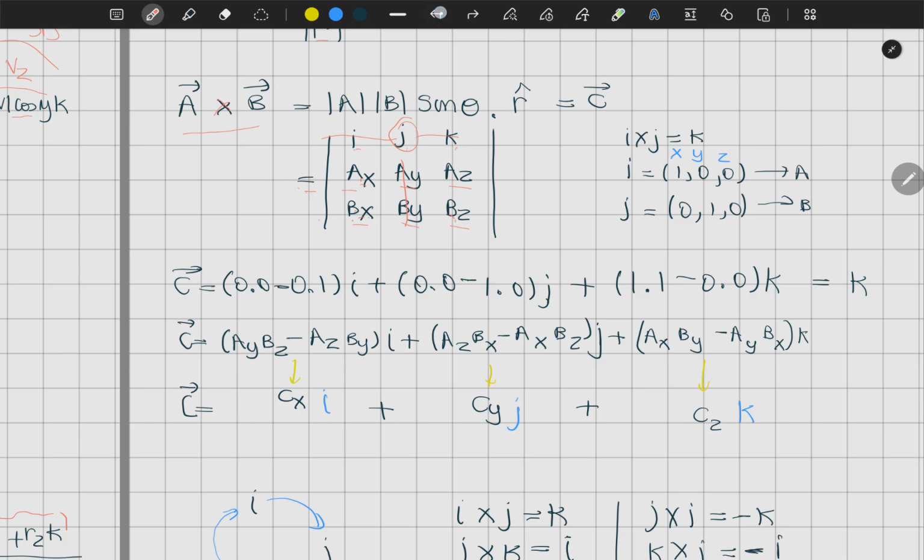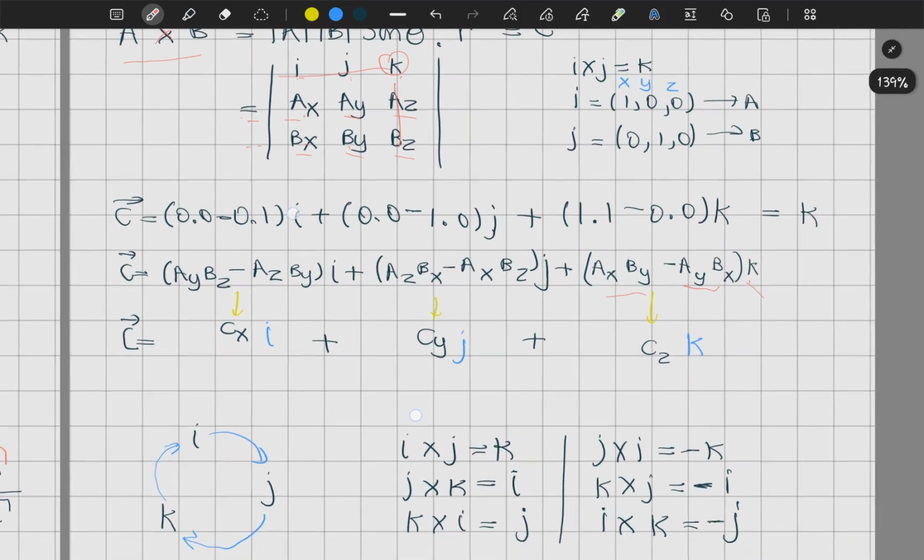You will do the same for K. And then you're going to have this one. So it's going to be AX times BY. That's what you see here. Negative BX times AY. This is what you see there for K. And then since we're working with K, this is what you're going to get for your final solution.